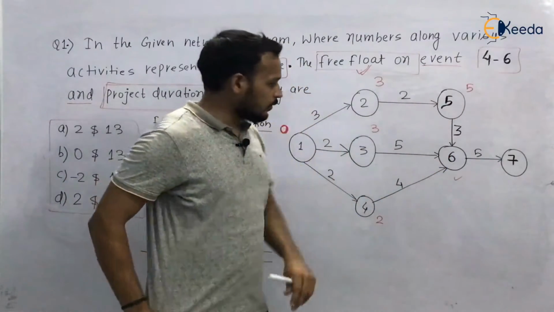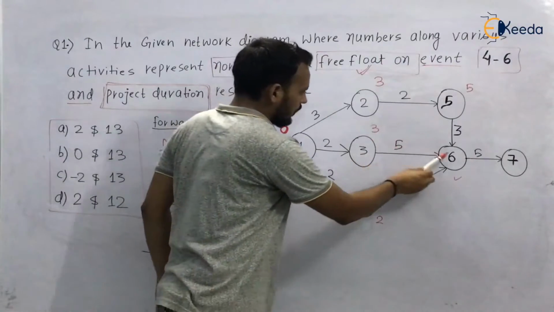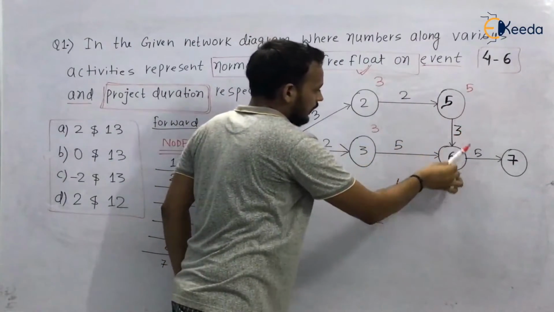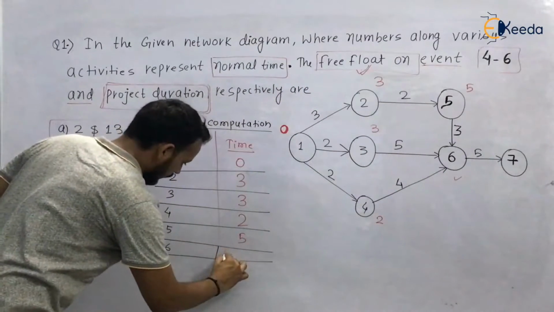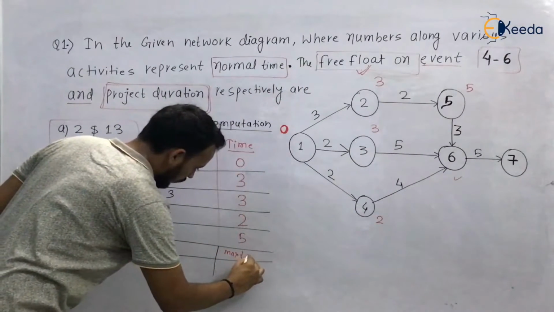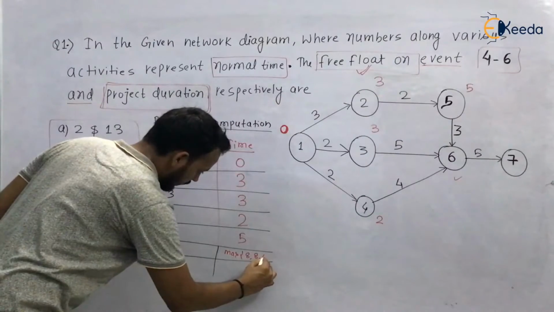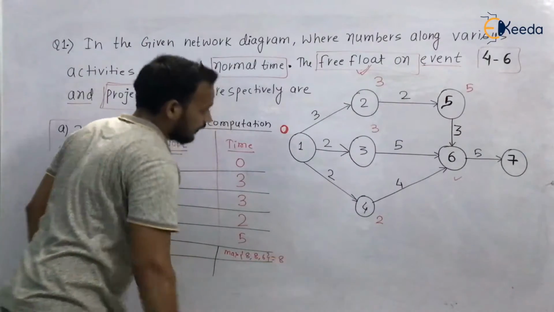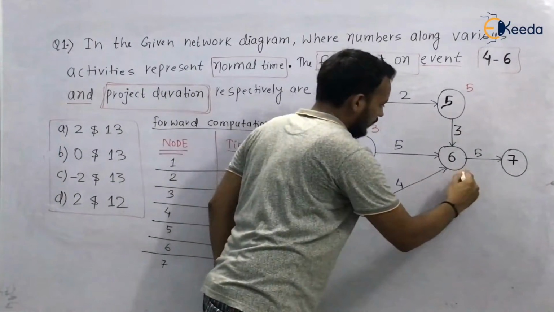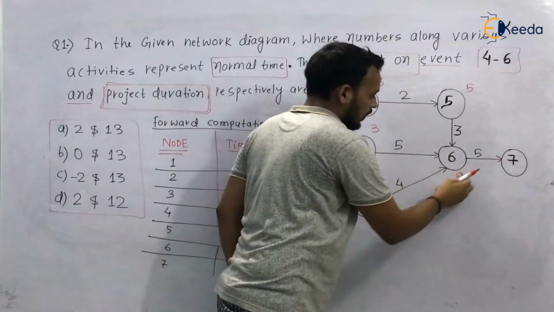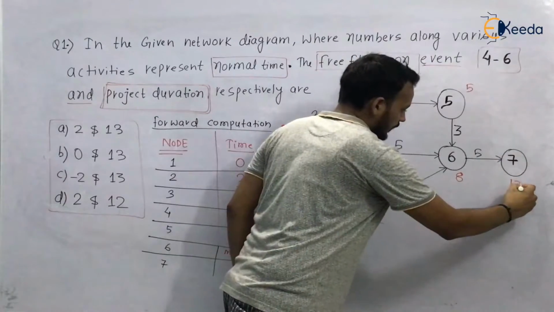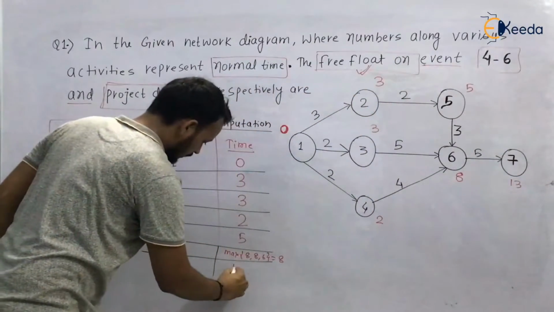So there are 3 times possible: 3 plus 5 is 8, 5 plus 3 is 8, and 4 plus 2 is 6. We have to take the maximum of 8, 8 and 6. So the maximum is 8, and we write 8 here. Now from 6 to 7, 8 plus 5, it will be 13. So the time is 13.